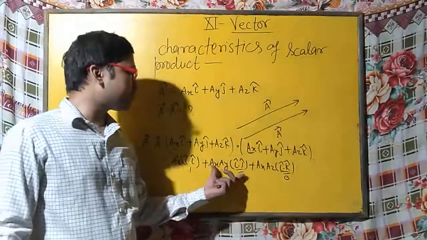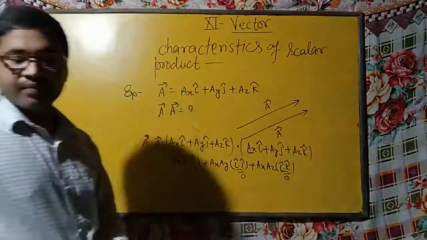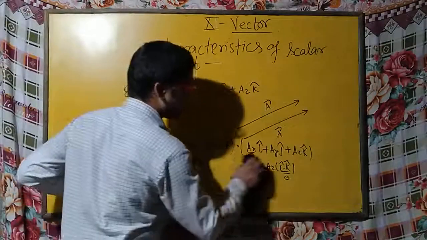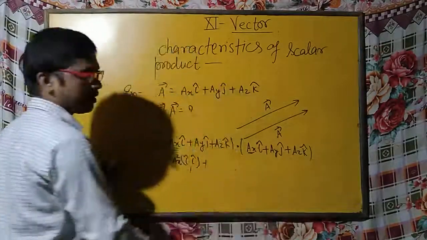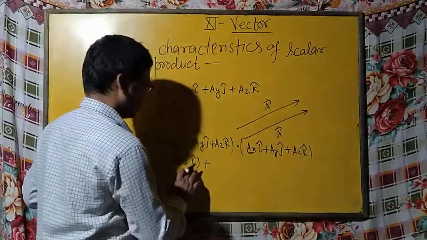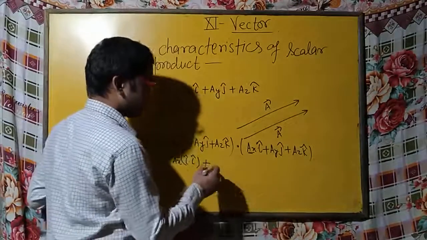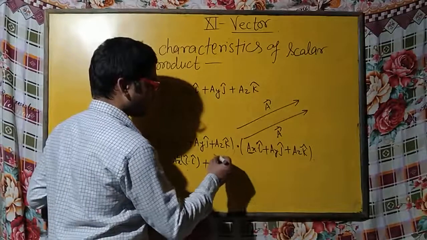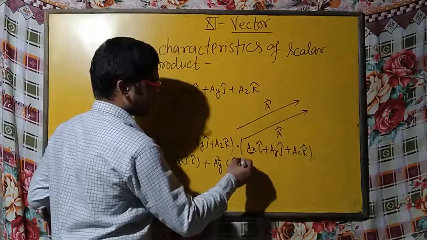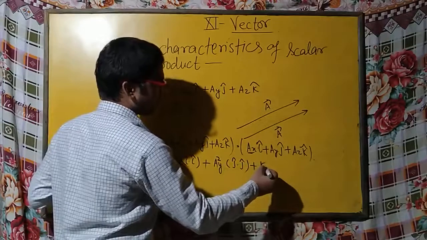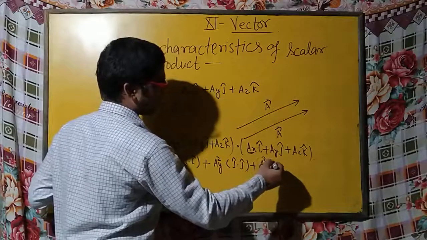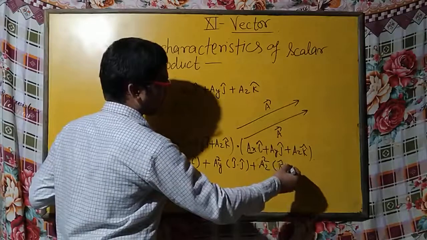So there is no need to write these terms, and you can directly write by skipping these terms. The resultant value will be, now the second term will be ay square and j dot j, and the last one is az square, k cap dot k cap.